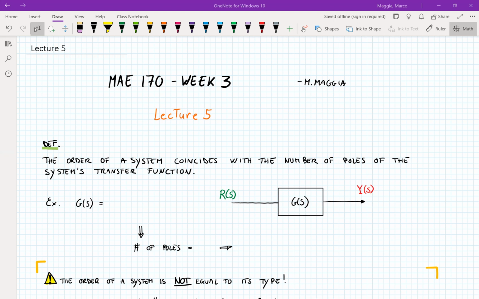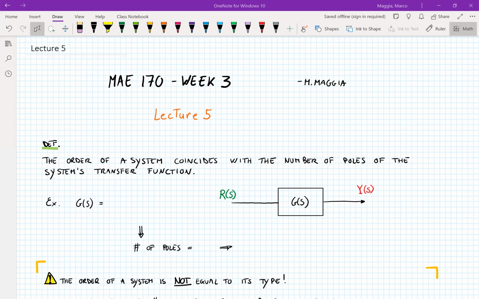Summarizing the two conditions, you have to compute the poles of a function and take a look at the real part of these poles. If all the poles have negative real part, then you can apply the final value theorem. You can have at most one pole that is equal to 0.